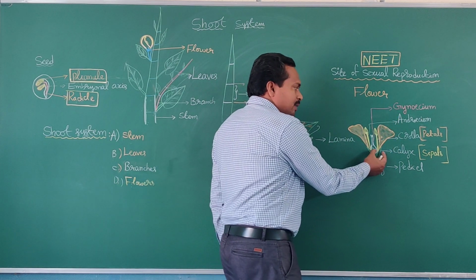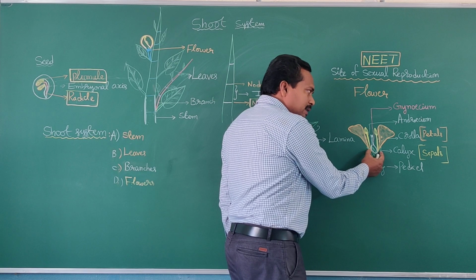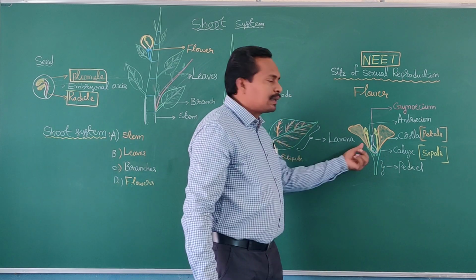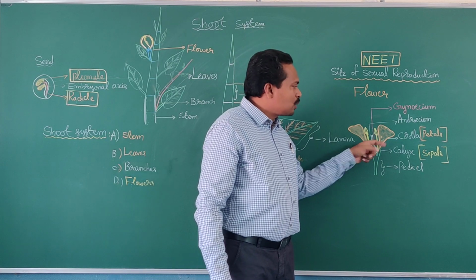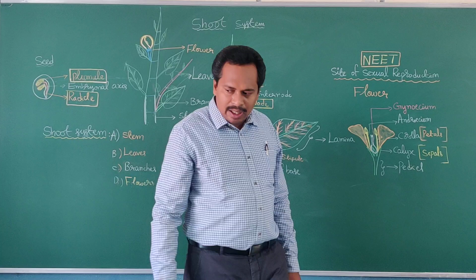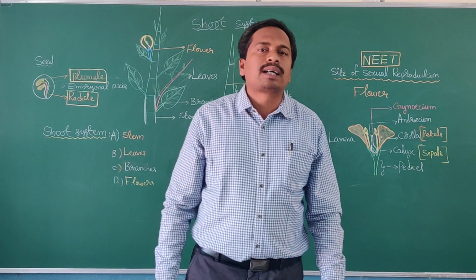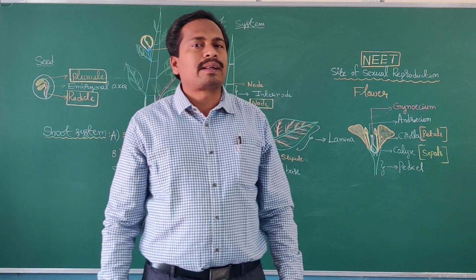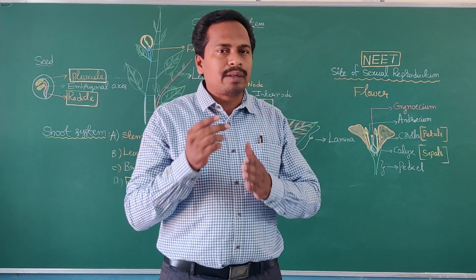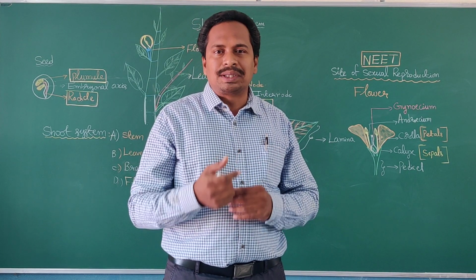Okay, calyx. First of all, you want to know about the calyx. The calyx generally appears green in color, whereas the corolla appears in different colors. For example, in hibiscus plant species, commonly known as Daswada, the petals appear in different colors depending upon the species.